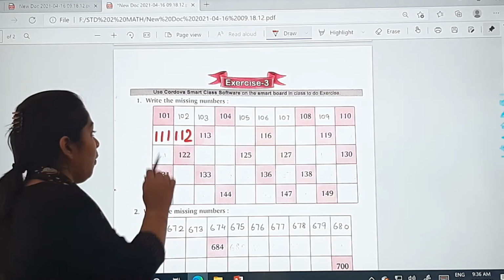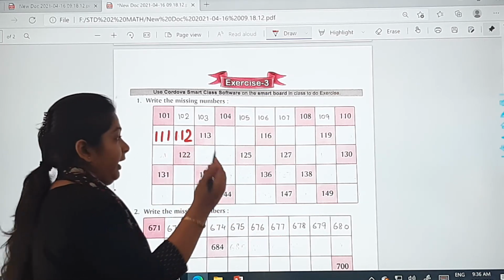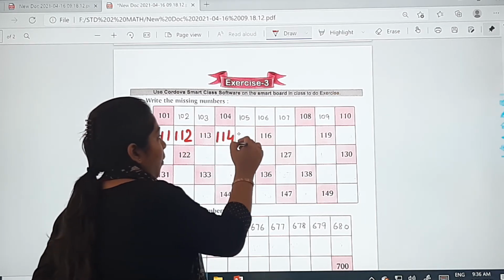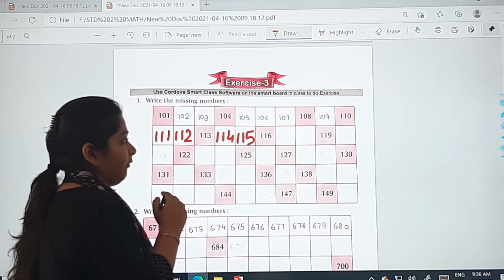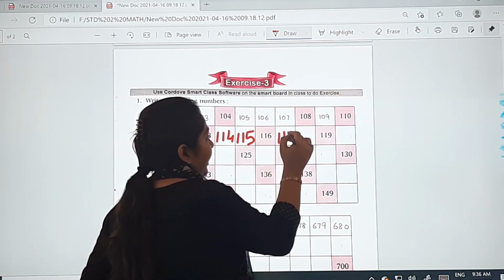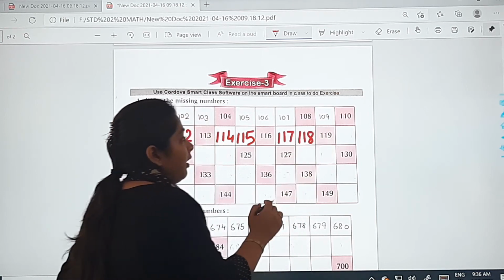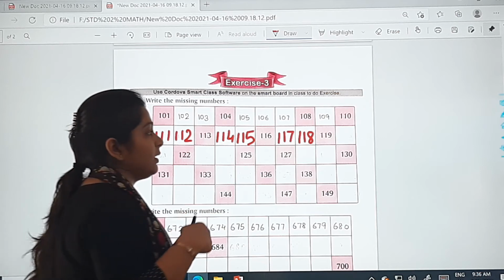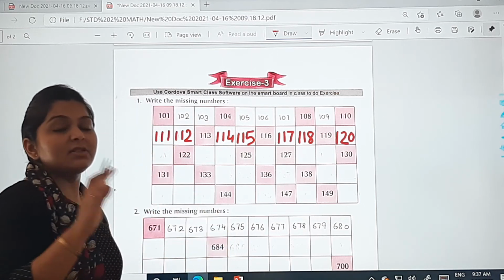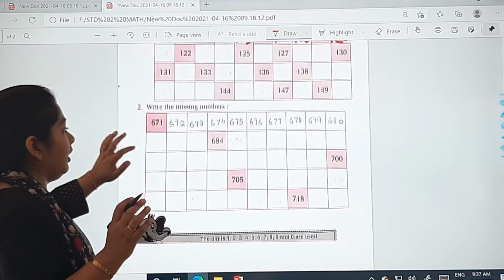So it will start with 111, 112, 113, then 114, then 115, then 116 is given to us, then 117, 118, 119 is already given to us, and the last number will be 120. In this way you will complete both question number 1 as well as question number 2.